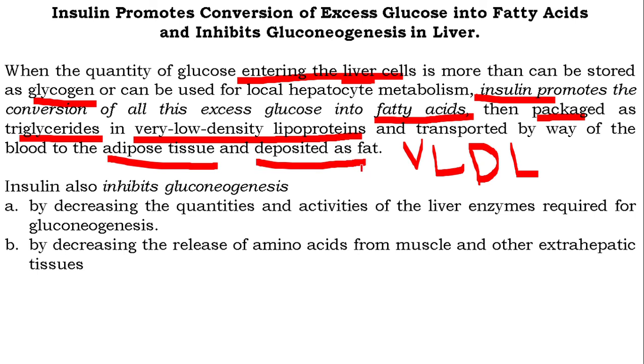So first of all, the incoming glucose is used by the liver to produce glycogen. When the maximum amount of glycogen is synthesized, when no more glucose can be taken up in the form of glycogen, the extra glucose is transformed into fatty acids. That is how insulin is maintaining glucose levels in the blood.